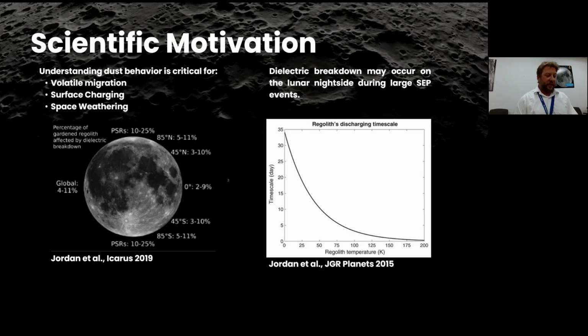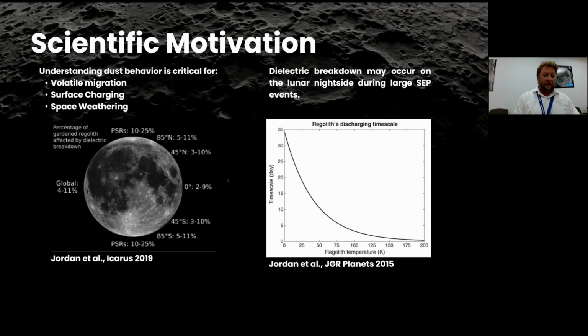In a 2019 paper, he showed how the amount of dielectric breakdown could affect essentially the entire surface of the moon, up to 25% in the PSRs and 11% globally. Now, the regolith is primed for this breakdown to occur because of its low conductivity and, of course, the very low temperatures.